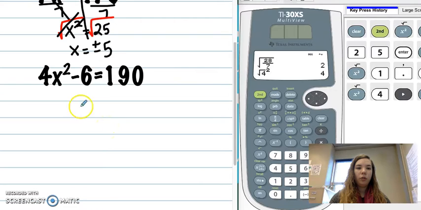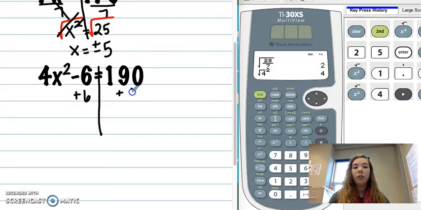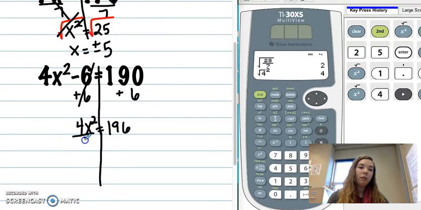This last one is a 2-step. So I'm going to first add 6 to both sides because you do your addition or subtraction first. So this would be 196. Then I'm going to divide by 4 on both sides.